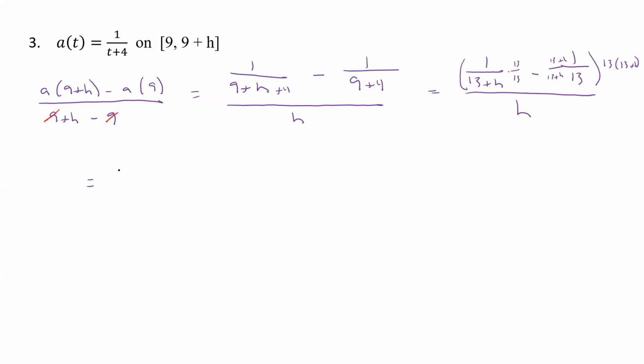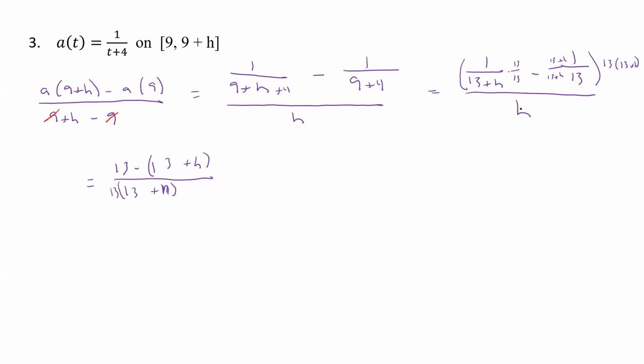So that gives us 13 minus 13 plus h times 1, and then that's all over 13 plus h times 13.